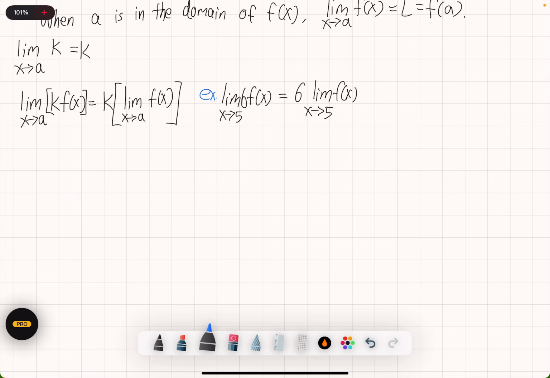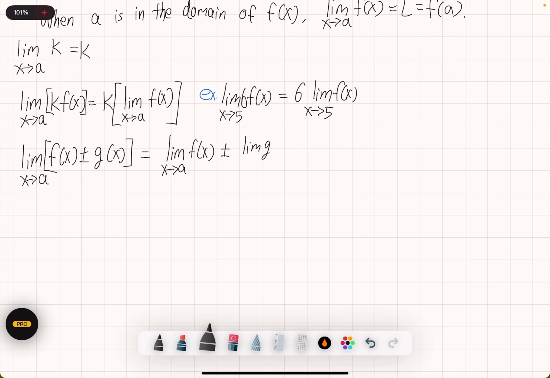Now the third property here is that the limit of f of x plus or minus g of x as x approaches a is equal to the limit of f of x as x approaches a plus or minus the limit of g of x as x approaches a.